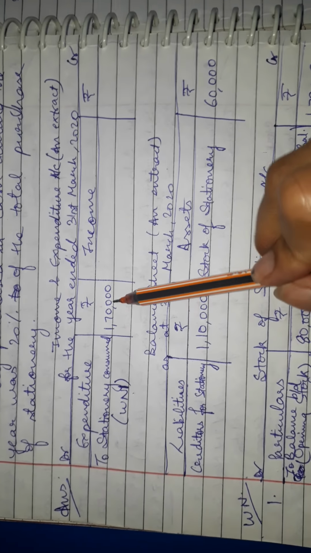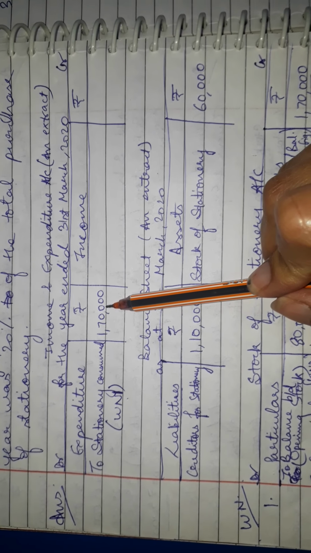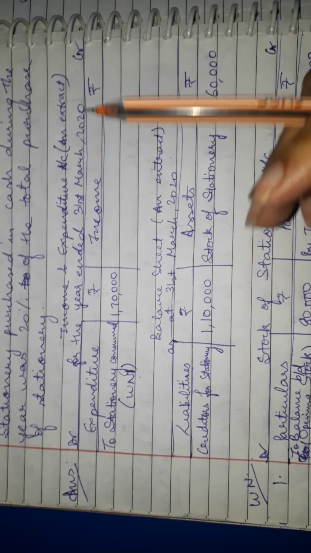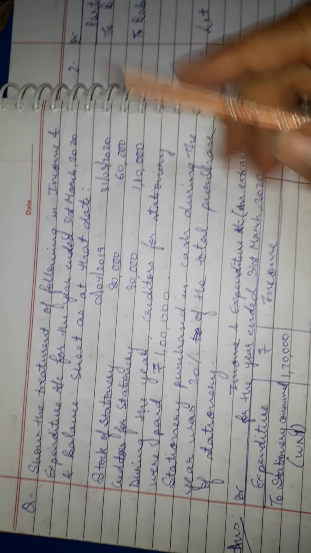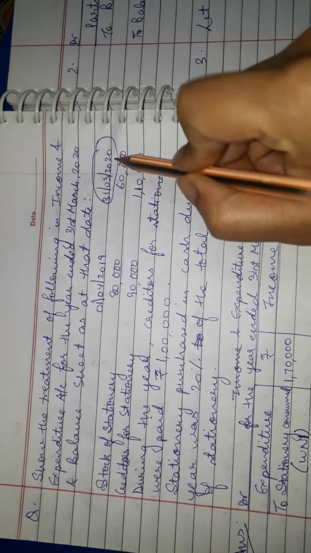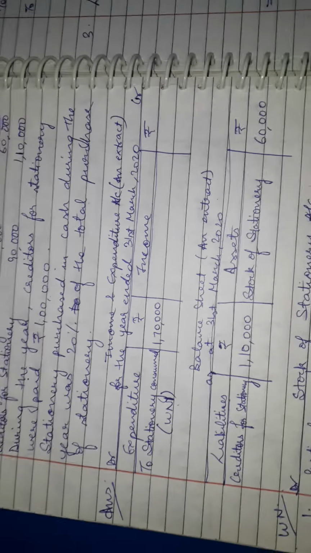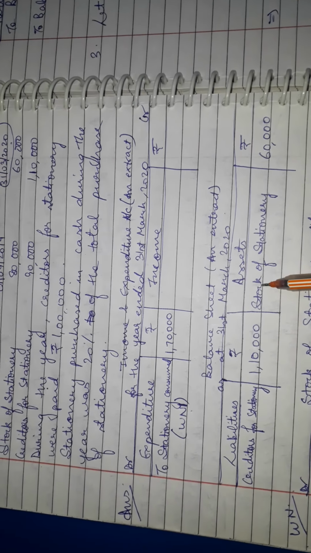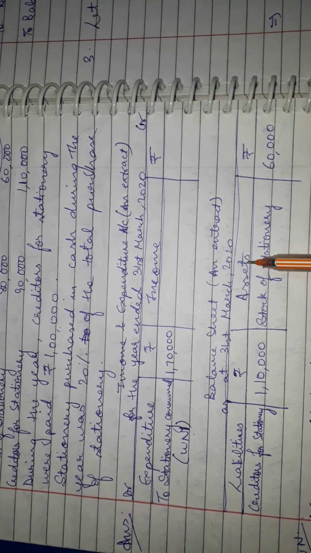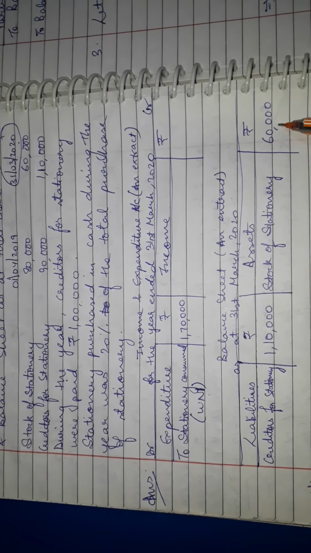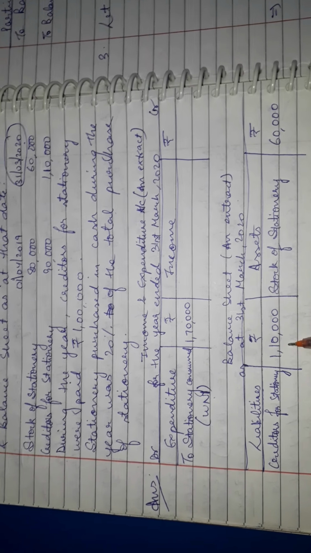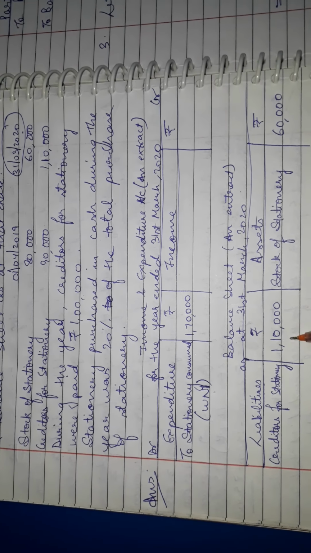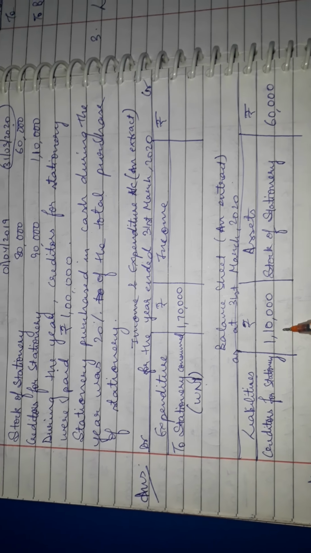So 1,70,000 we will write here, while the balances of stock of stationery and creditors for stationery for the closing date will be transferred to the balance sheet. So in the balance sheet, stock of stationery being an asset will be shown on the asset side as 60,000 as given in the question, while creditors for stationery being a liability, again the closing balance will be written on the liability side, 1,10,000.